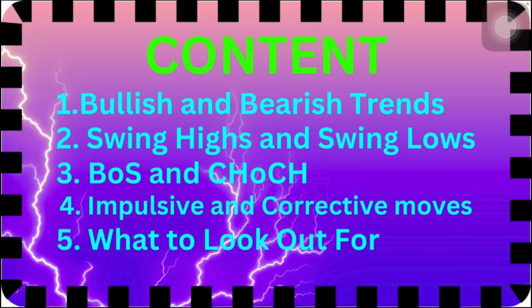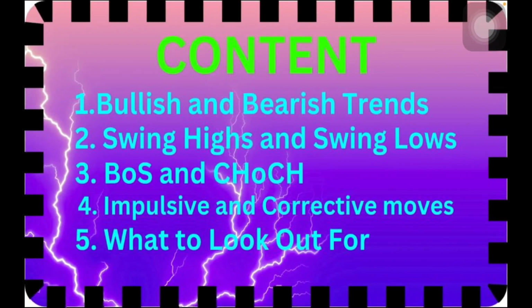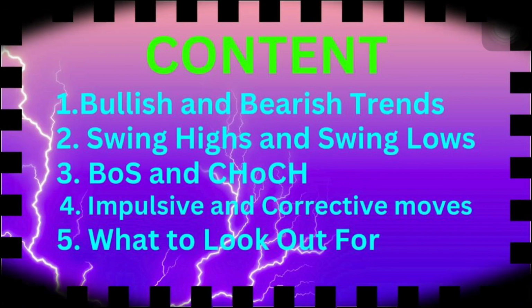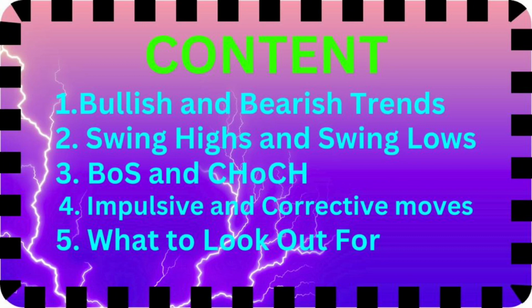Two, we are going to see what swing highs and swing lows are. Three, we are going to see break of structure and change of character and how important they are when it comes to trading. Then four, we are going to see what impulsive and corrective moves are. The last one is very important.